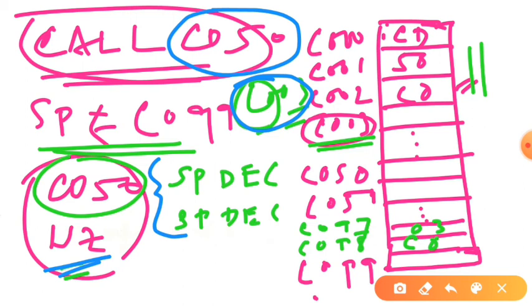At this instant, what is the content of the program counter we need to understand. Obviously the last instruction was fetched from the memory address C002, that is why the program counter's content will now be C003.